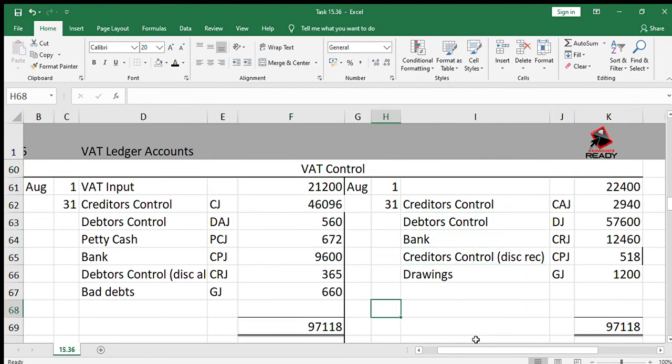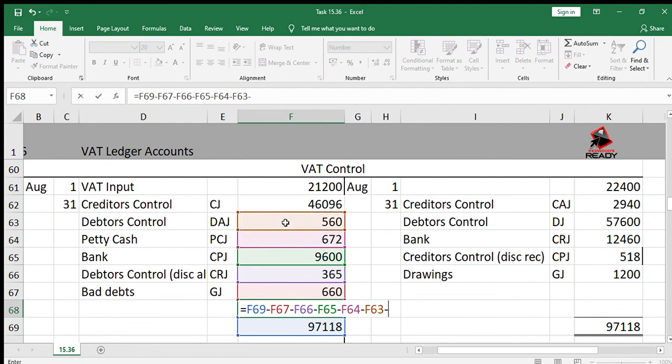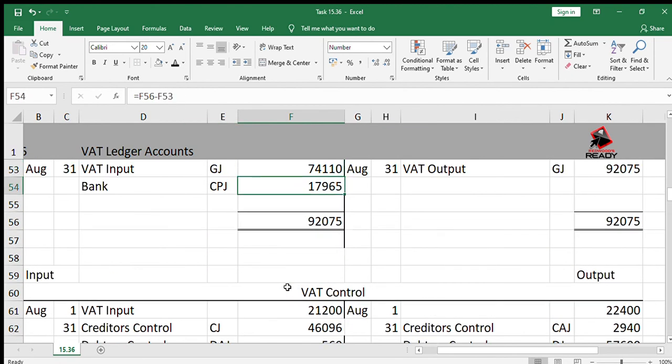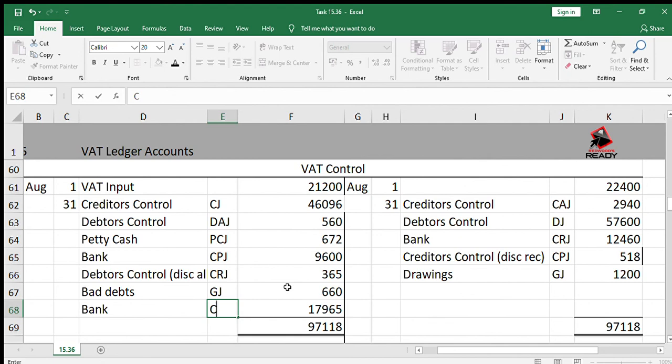We're just going to work out the difference. So hopefully we should get the same answer if I've done everything correctly. I'm just subtracting all of these figures. 17,965, just let me check. So it's the same that we had there. And because this amount was paid, our details will be bank from the CPJ, just like we did above in the other VAT control account.